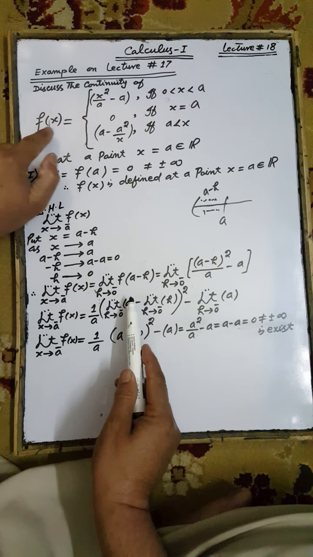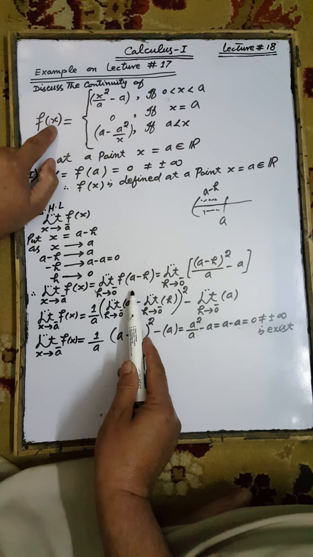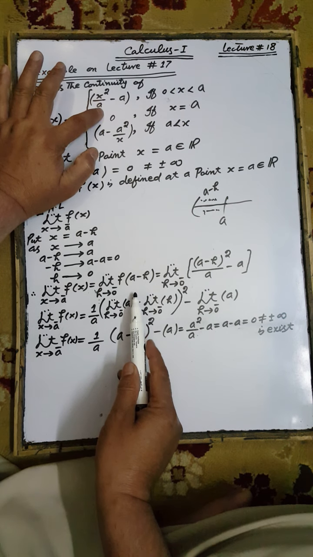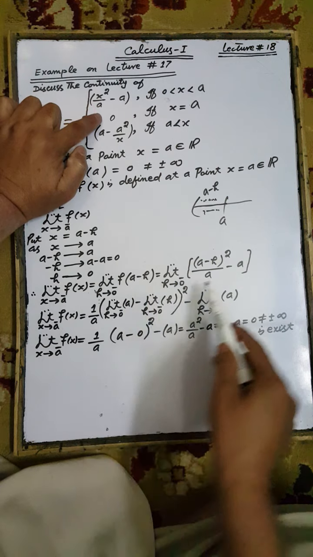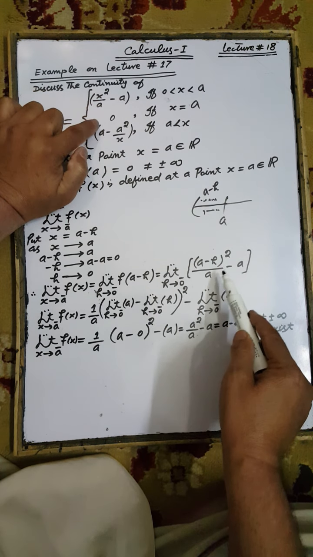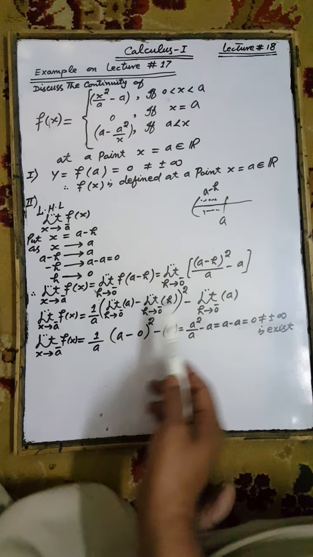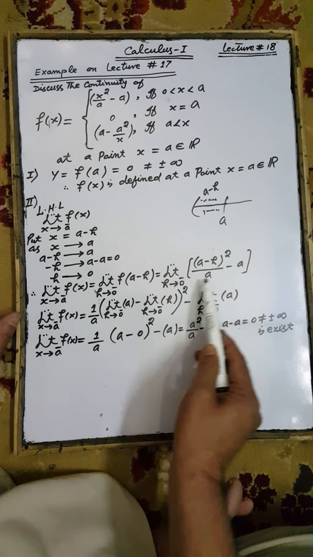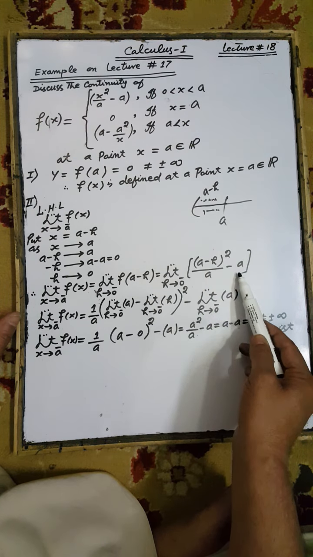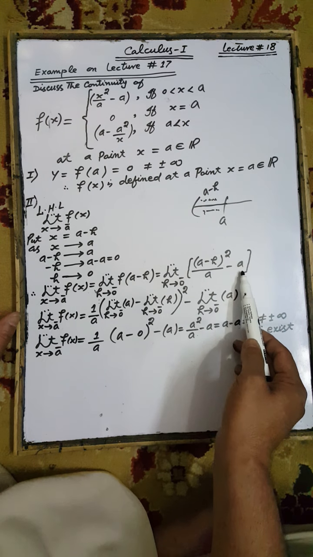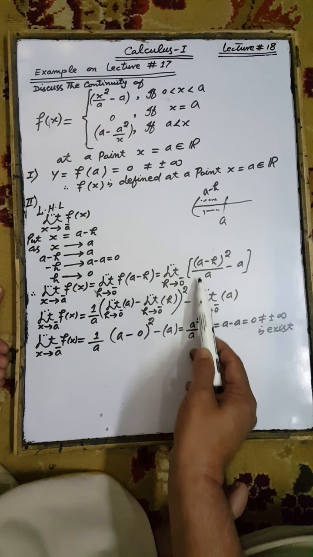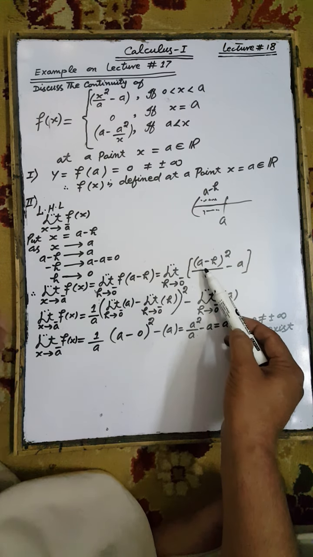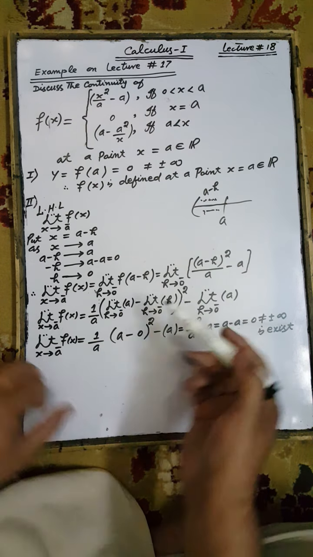Therefore we replace x by a minus h in the above function, which is equal to a minus h whole square divided by a minus a, and 1 divided by a. This is the difference of two functions. Apply limit to one term and another term, and 1 over a is constant. Push out 1 over a from the limit sign and apply limit to the others.